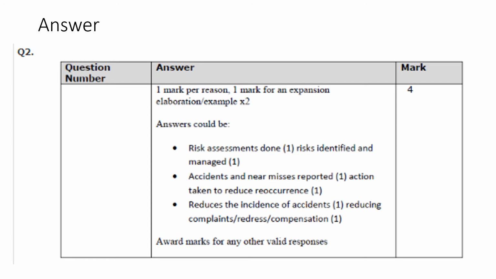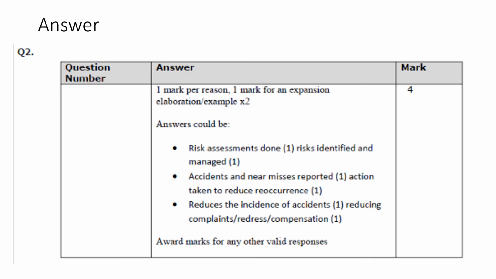So for example, you could have put for a health and safety policy that risk assessments should be done and risks should be identified and managed. Now, if we look at going back to school in COVID-19, every single setting, every single school must have in place a COVID-19 risk assessment, and this risk assessment must be sent out to all staff, anyone who works in that setting, and all the risks of COVID-19 should be identified, and there should be an example of how it can be managed.